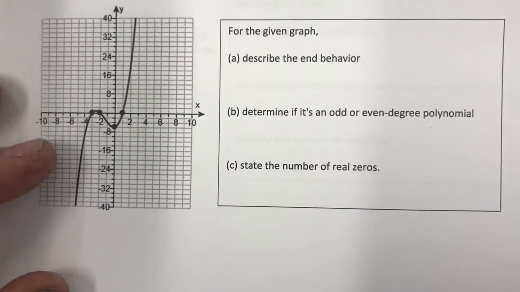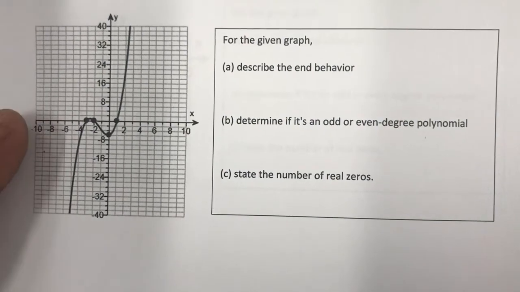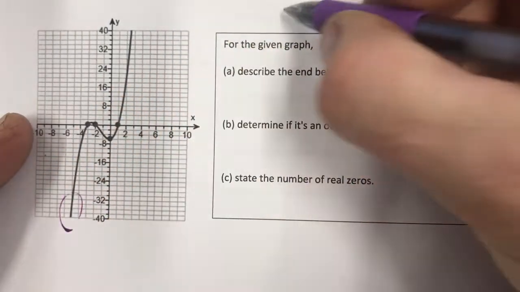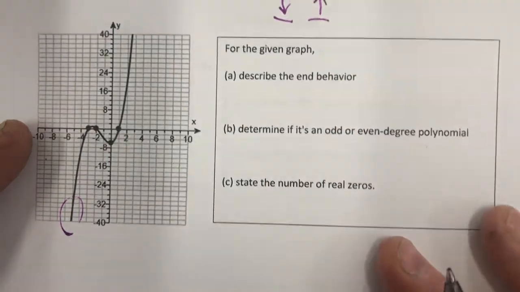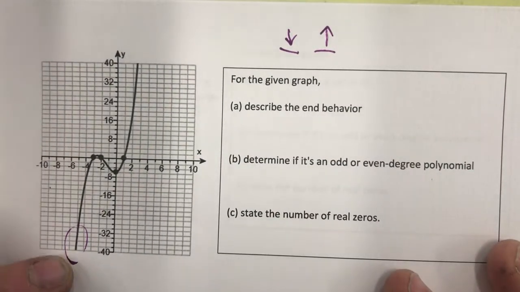So let's look at this one here. Look at my end behavior on this one. Well, on the left side, it's going down. So let me write right here. The left side's going down. On the right side, it's going up. You see that right here? The left side's going down, the right side's going up.